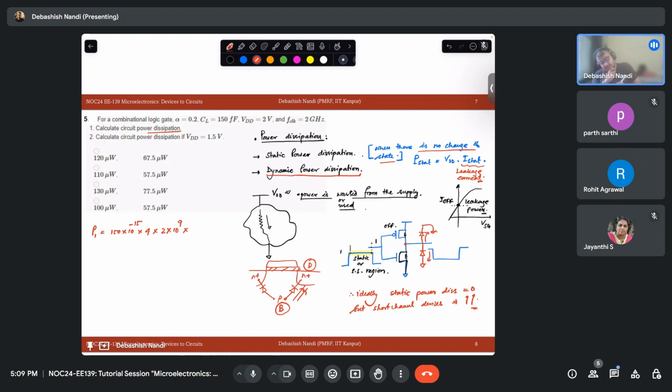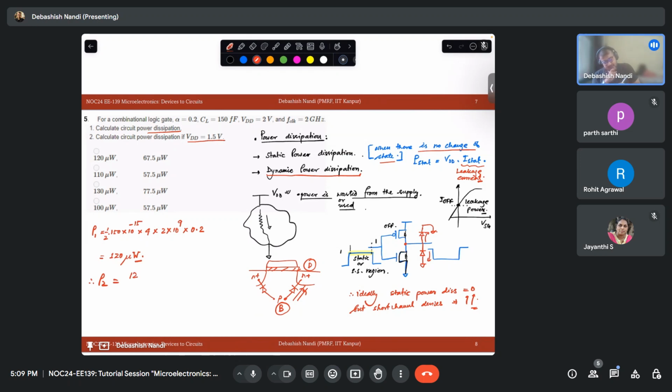And alpha is 0.2, right? And you will have a half factor in front. So if you compute, this will be minus 6 and this will be 120. So 120 microwatt.